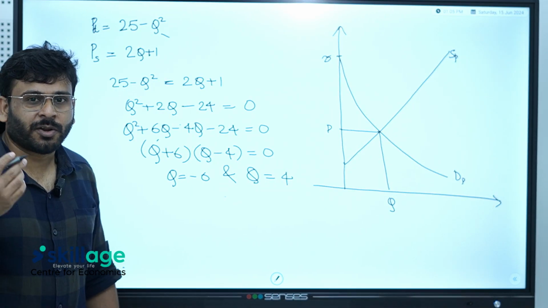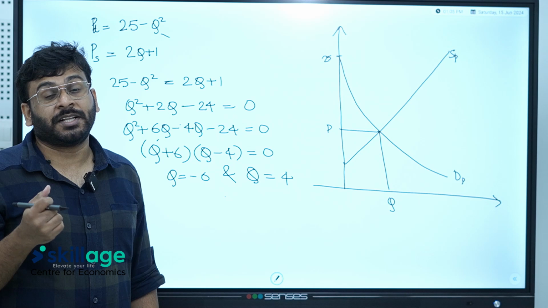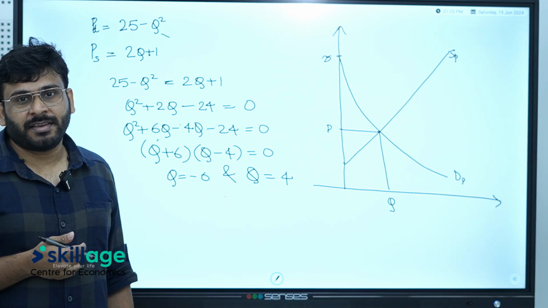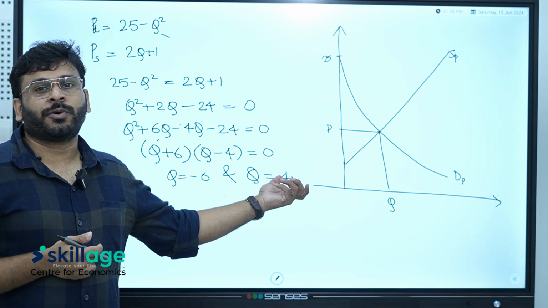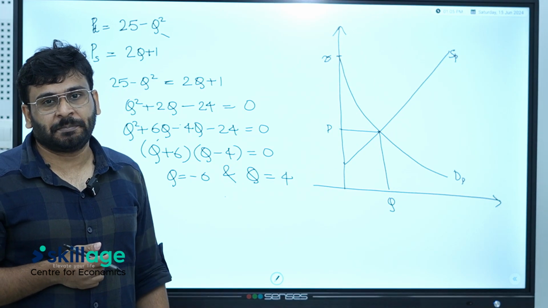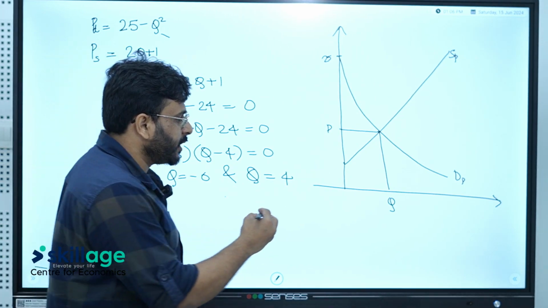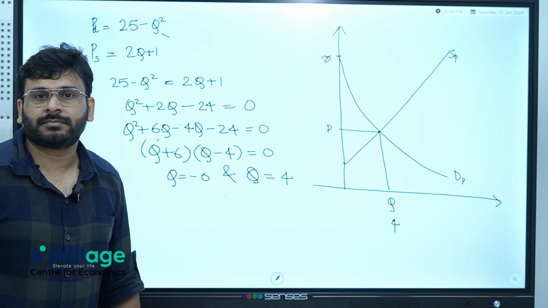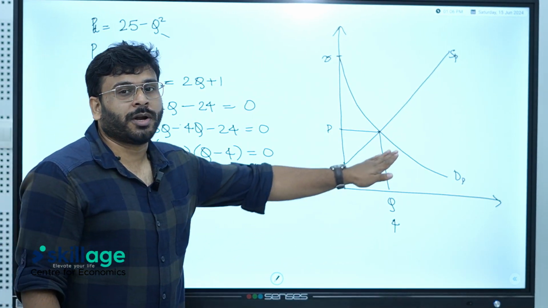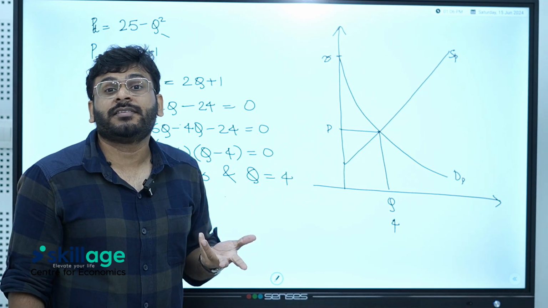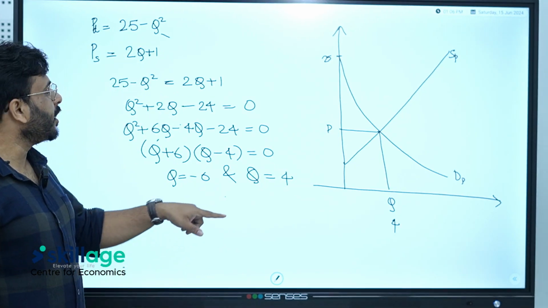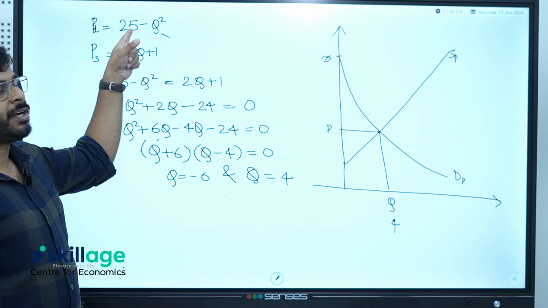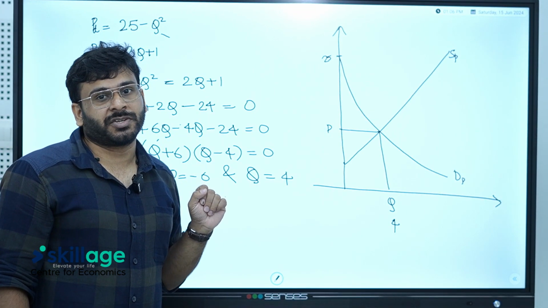Now with the basic logic that the quantity cannot be negative, you get q equal to 4 as the equilibrium quantity. So once you have got the quantity, it is very easy to find the price. All you have to do is plug this value into either your demand function or your supply function.